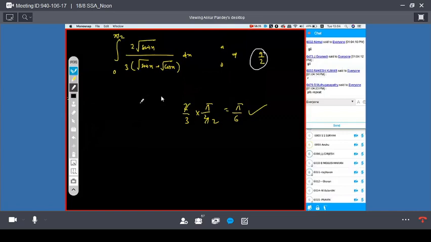So for me it was pi by 4. Okay guys, only for this format. Yes beta, the 0 to a format.